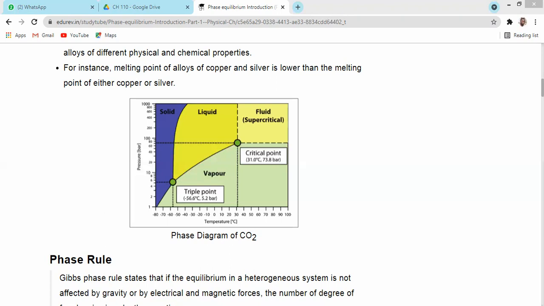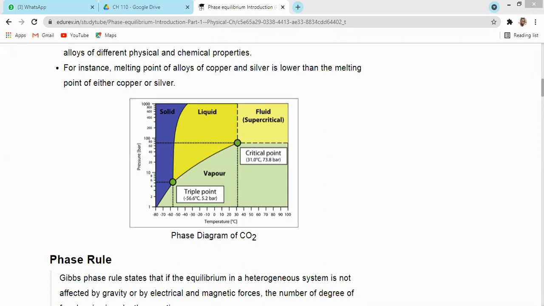At the critical point, is it in liquid state or gaseous? Okay, so at a critical point, you expect to have your liquid and your vapor. So your liquid and your gas state are going to be there. But beyond that point, it's neither a gas nor a liquid. You get a supercritical fluid.